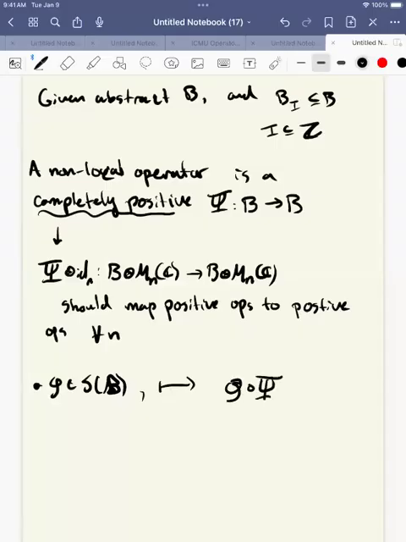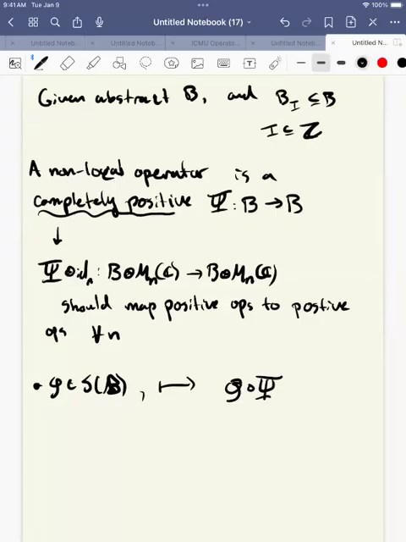So I do phi, which maps B to B, and then I apply the state, which is, remember, it's just a functional. And that gives me a new positive linear functional because phi is positive. And so actually this acts on the state space and it can move states all around. So it still has the feel of an operator, even though it's a much more abstract sort of gadget. Okay, so it still acts on states.